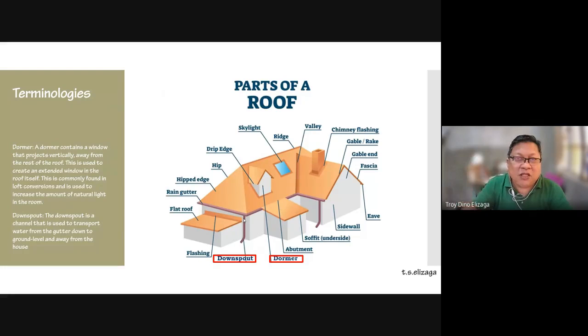It has to be channeled also. Otherwise, the water will splash anywhere, and you don't want that. So that's why there's a pipe from that hole leading to the ground, and you will appreciate this more in your plumbing subjects. This is a downspout you see here in the picture.